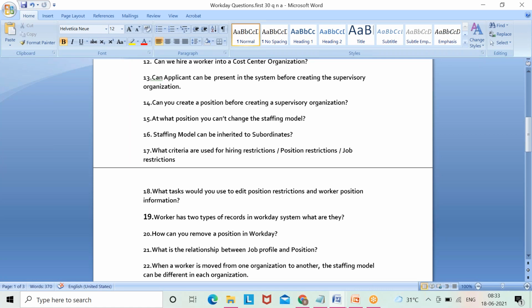If you're working on position management, we call them position restrictions. If you're working on job management, we call them job restrictions. If you selected no checkbox for hiring restrictions and want to defer to the time of hiring, then we call them hiring restrictions. They try to confuse you with this question, but all are the same. The term differs based on the staffing model we are using.